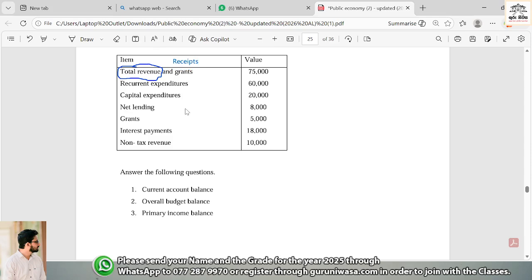Recurrent expenditures, capital expenditures, net lending given, grants given separately, interest payment 18,000, non-tax revenue 10,000. Answer the following questions: current account balance, overall budget balance, primary account balance. Should be primary account balance.